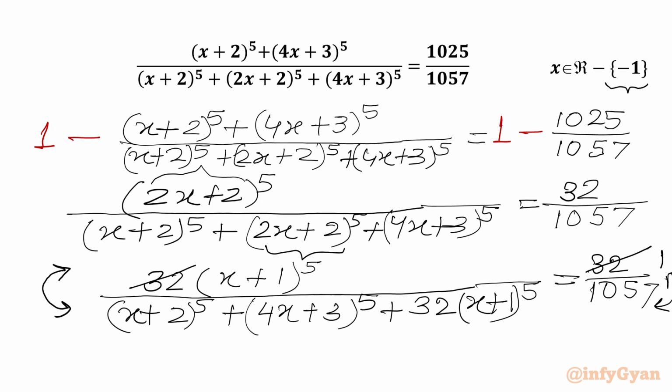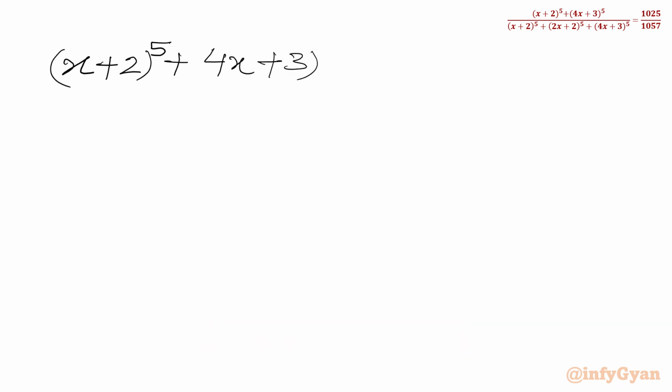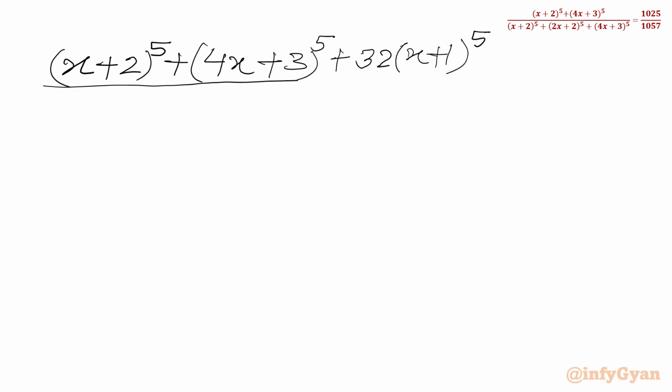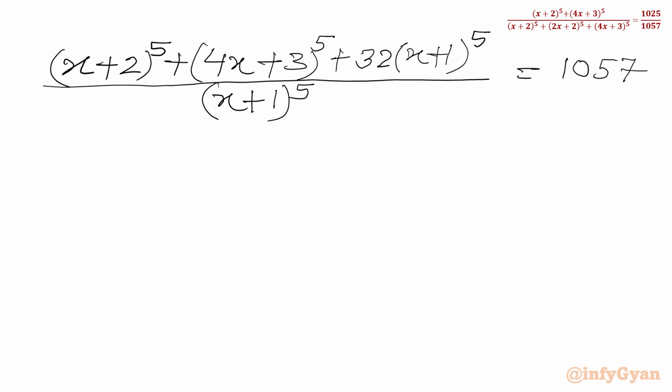So we can write our equation as (x plus 2) whole power 5 plus (4x plus 3) whole power 5 plus 32 times (x plus 1) whole power 5. Denominator will be (x plus 1) whole power 5, and RHS will be 1057 after flipping or switching numerator and denominator.